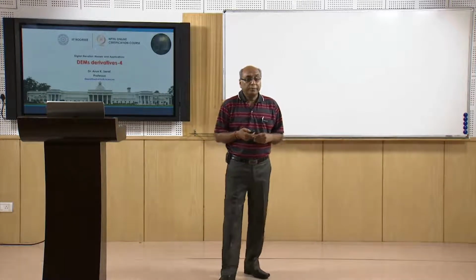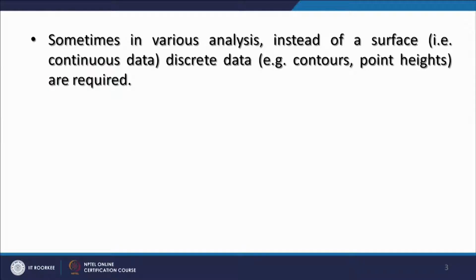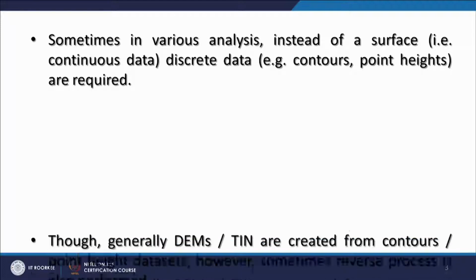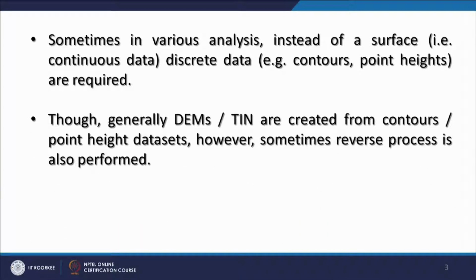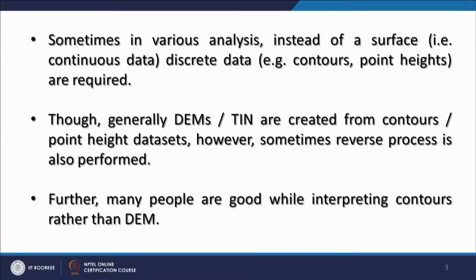We will discuss both. Sometimes in various analysis applications, instead of completely continuous data, we may prefer discrete data, in the form of contours or point heights. Though generally DEMs or TINs, triangulated irregular networks, are created from contours or point height data sets, sometimes the reverse process is also performed.